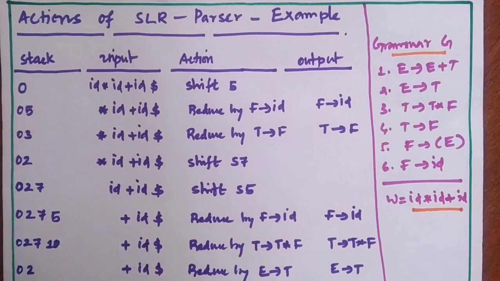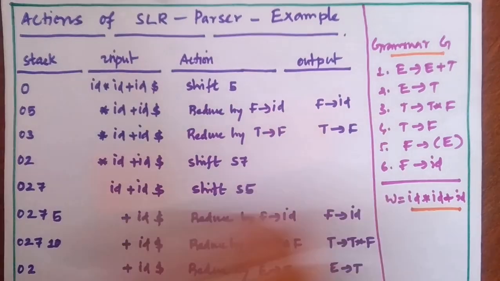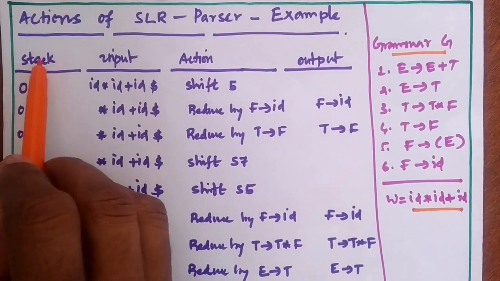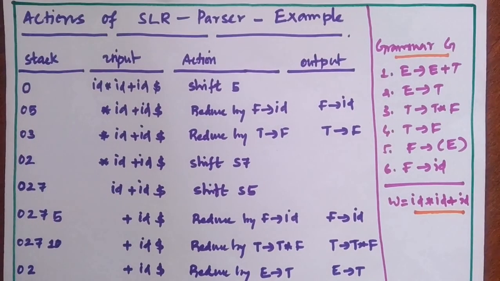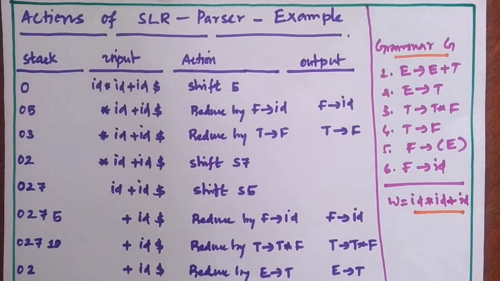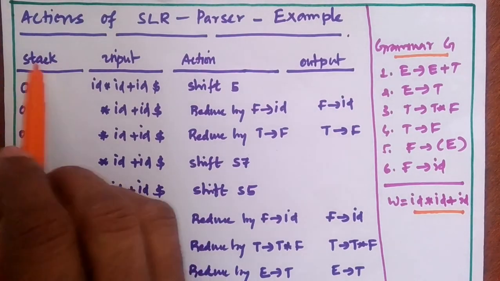Here we have 4 columns, and each column represents the status of the different units, how the processing of the string is undergone.